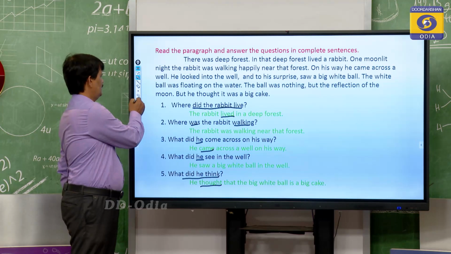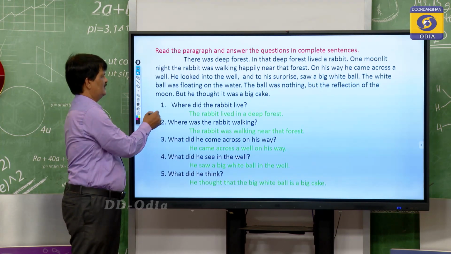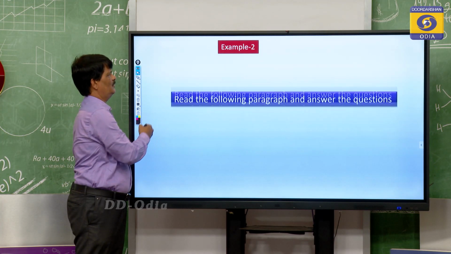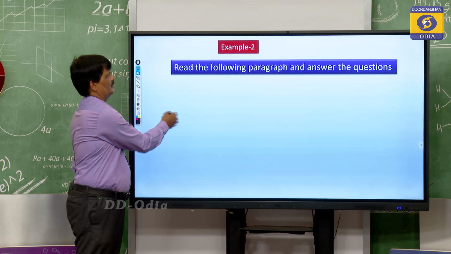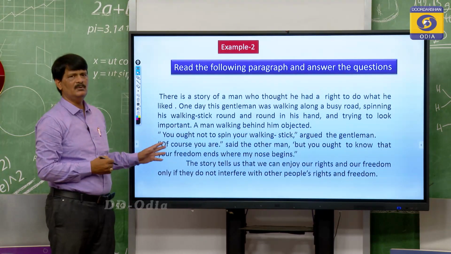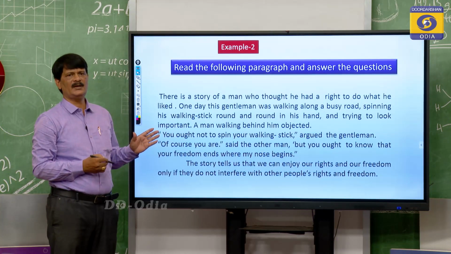Next, one after another, I have another example. We will go to the other examples, then you can easily do it. Yes, example number 2, it is in the slide. First of all, what we have to do is read the paragraph thoroughly, 2 times.